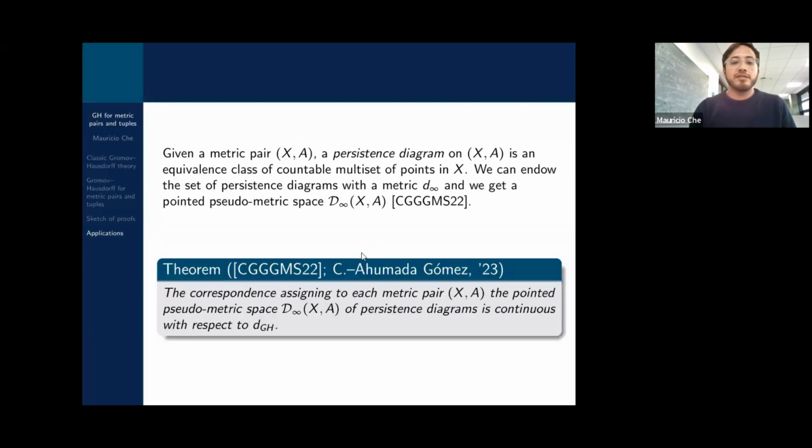Well, joining this paper with the work that we've done with Andrés, we actually get continuity, not only sequential continuity, of this construction. And this was one of the goals of studying this notion of convergence.